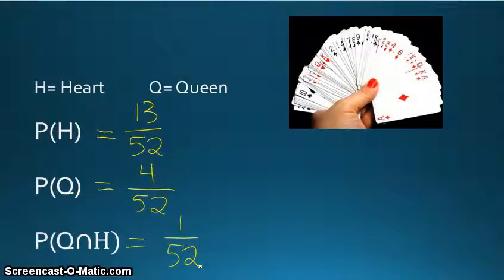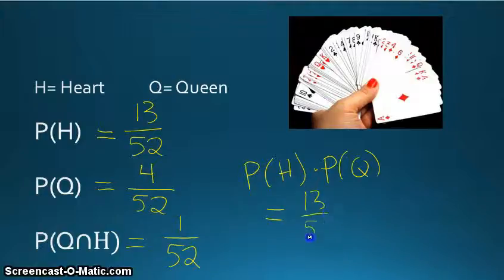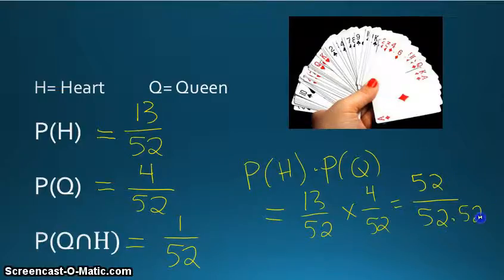Now let's look, if we multiply the probability of a heart times the probability of a queen, that's 13 out of 52 times 4 out of 52, which gives us 52 divided by 52 times 52.